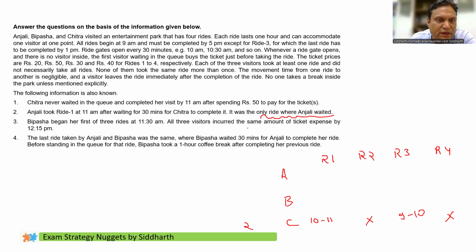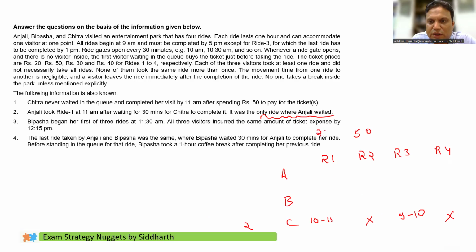Bipasha began her first of three rides at 11:30 a.m. All three visitors incurred the same amount of ticket expense by 12:15. So we know that Bipasha started off with her first ride at 11:30 a.m. Bipasha must have definitely done ride 2, because she also has to spend 50 rupees, right?